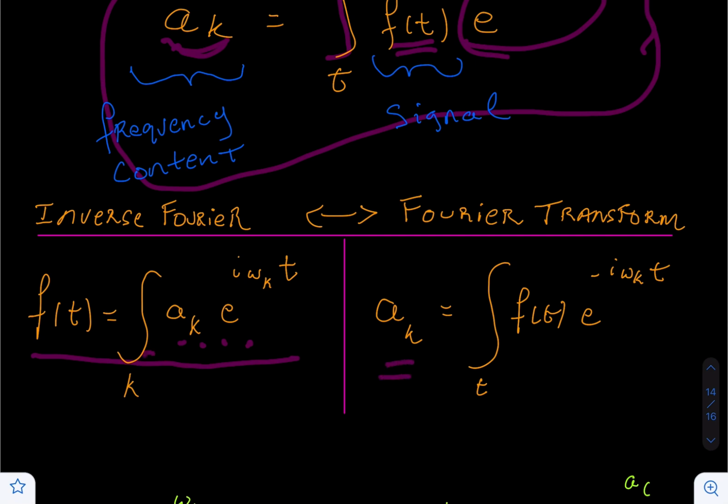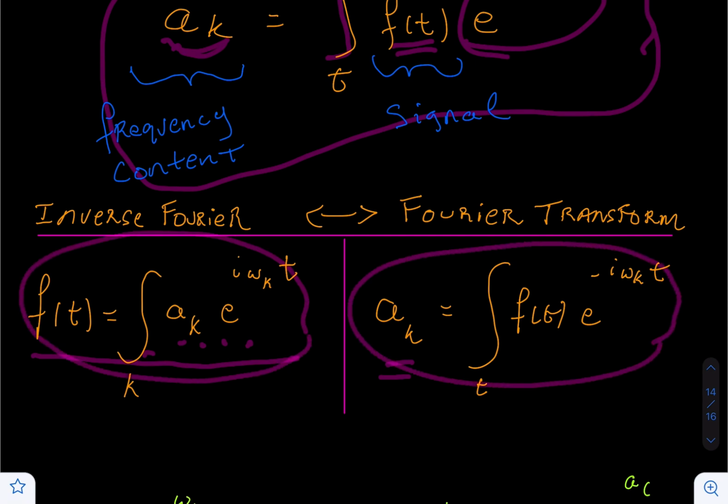If you look at these two functions, this is the inverse Fourier transform, and this is the Fourier transform. And again, our friend shows up right here. See here? Our little friend, e to the i theta, is right there, and there he is again. So that's why it's very important.